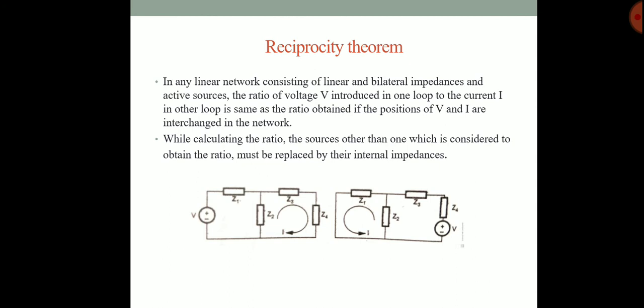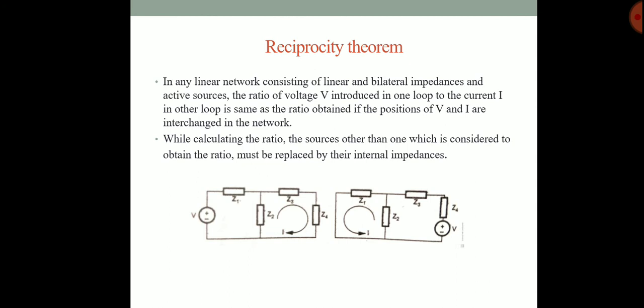While calculating the ratio, the sources other than the one considered to obtain the ratio must be replaced by their internal impedance. So now, the explanation of the reciprocity theorem, considering the network diagram.